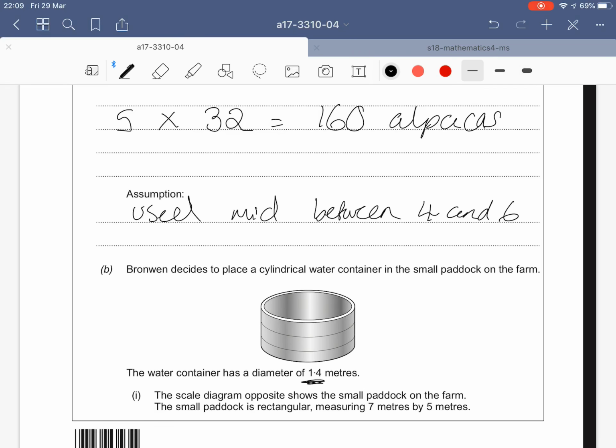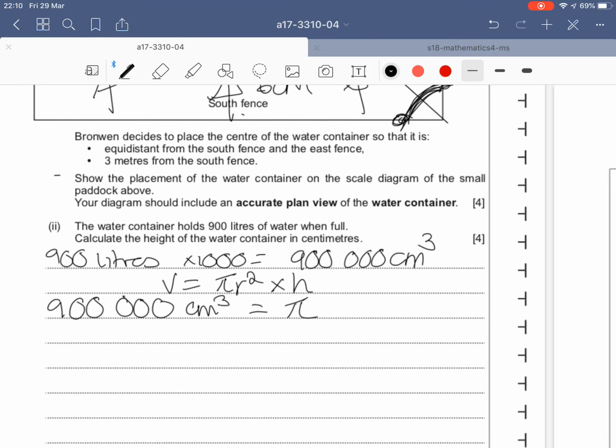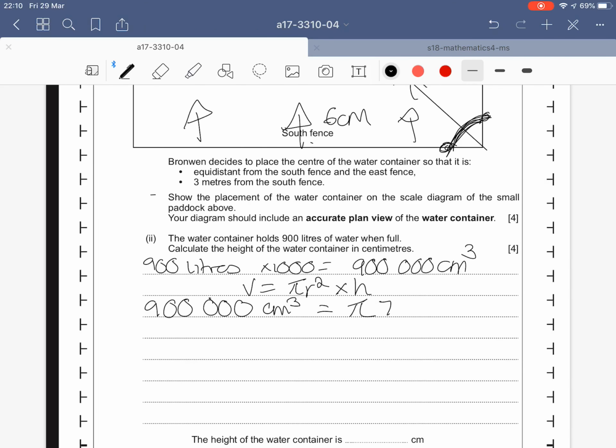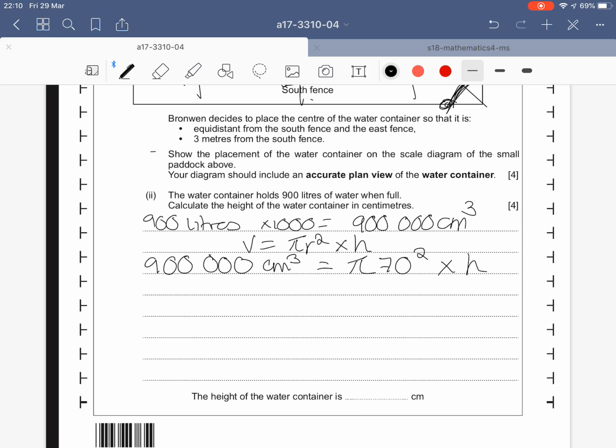is going to be, so if the diameter is 1.4 meters, radius is going to be half of that, so 0.7 meters. We're working with centimeters, so if we times that by 100 we get 70. So the radius is 70 squared, and we're working out the height, so we don't know the height. So we've got the 900,000 is pi times 70 squared times height.